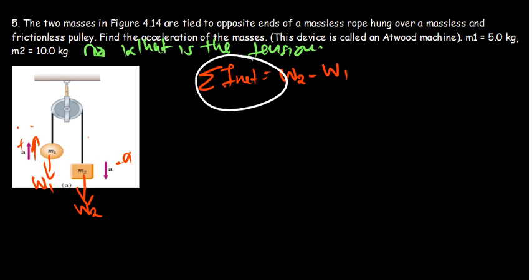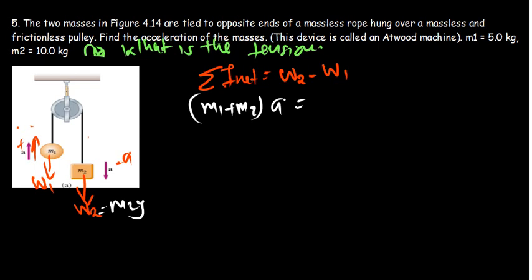So we replace with the addition of masses: M1 plus M2, times acceleration, has to be equal to M2g minus M1g.